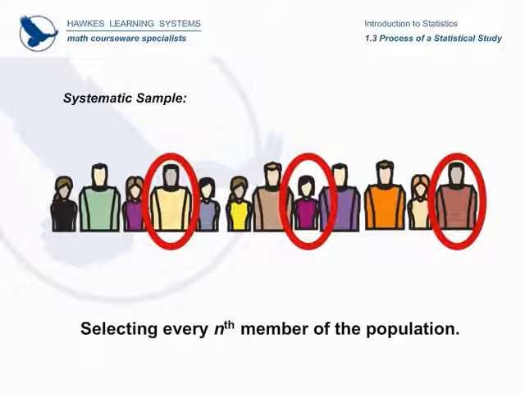We select the fourth member. We count again, 1, 2, 3, 4. We select the fourth member. We count again, 1, 2, 3, 4. We select the fourth member again. So in this example, we're selecting the nth member, or we're selecting the fourth member of the population.